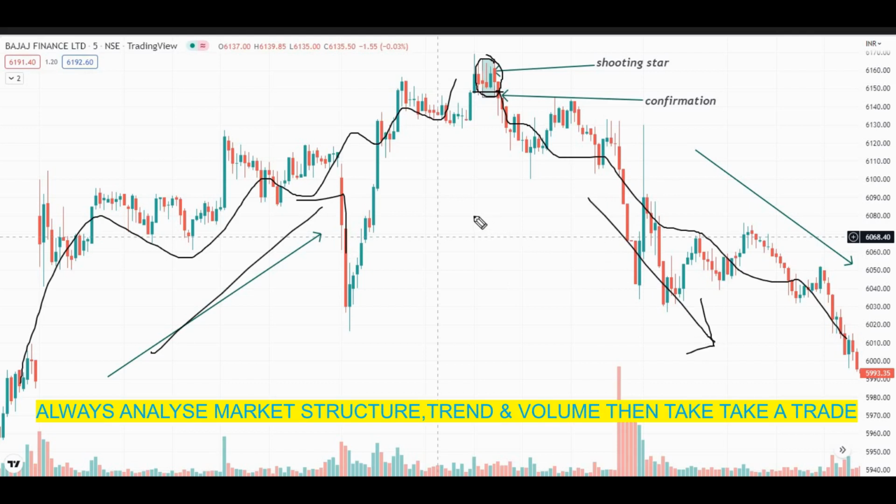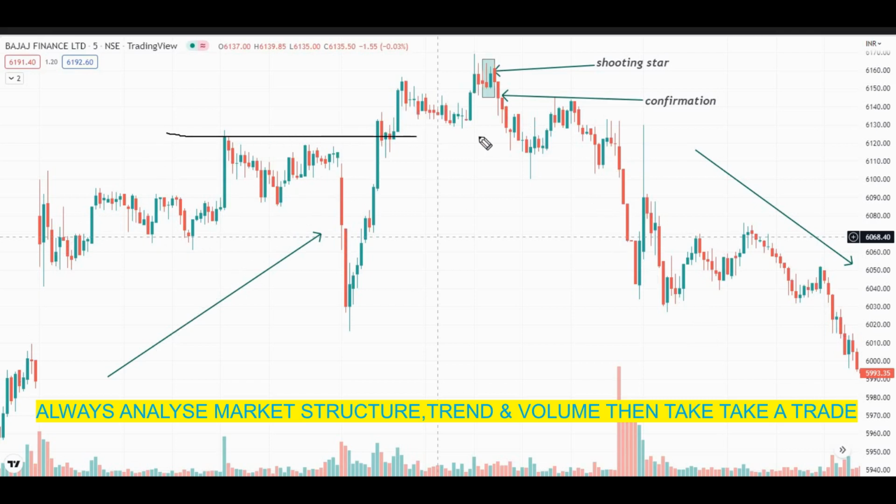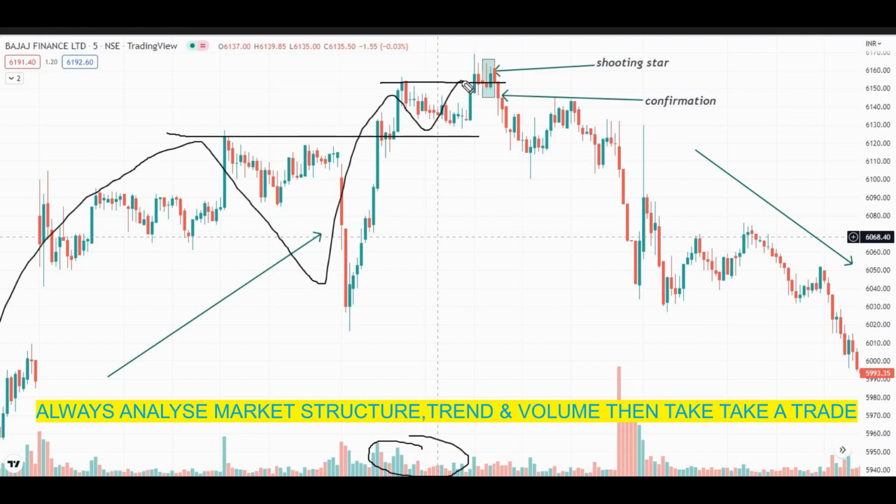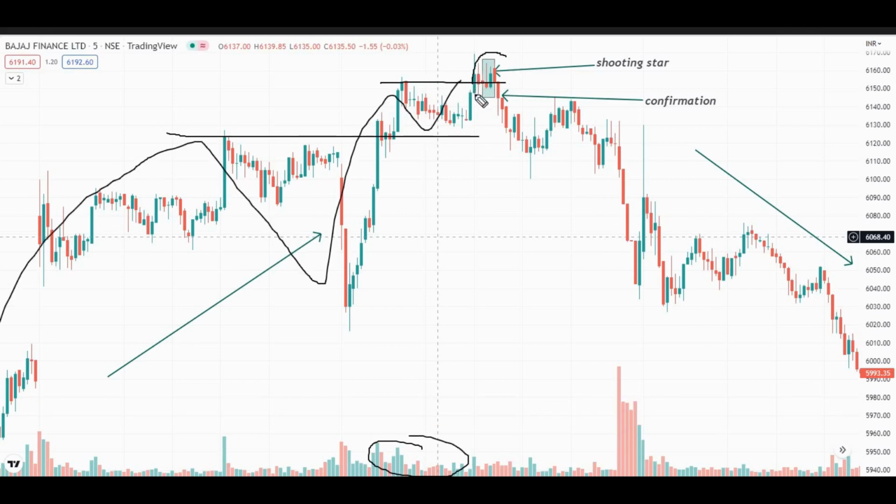Always remember, we don't only take trades based on candlestick chart patterns. We combine multiple things, then we take entry. We should always look at the market structure, volume and trend analysis. Then the shooting star is the confirmation that the trend could potentially change from up to down.